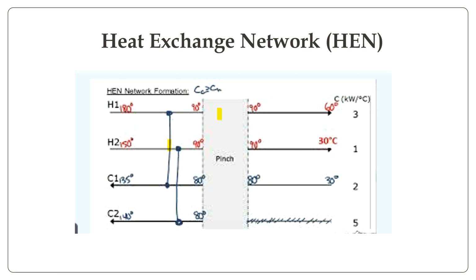The cold stream gradually increases in temperature and the hot stream gradually decreases in temperature by the transfer of heat. At one point, the difference of temperature between the cold and hot streams gets closer, and this is called the pinch point.